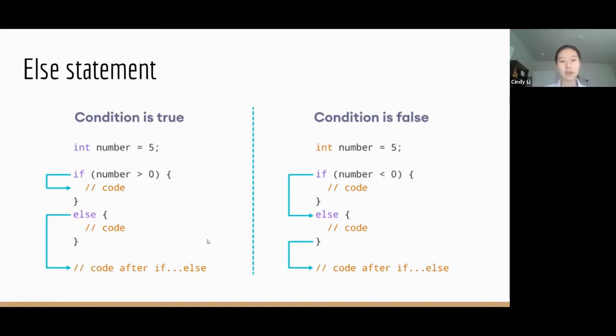So let's say you have a program that you want to make that asks for a person's age, and then if that person is older than 18, the program says the person is an adult.